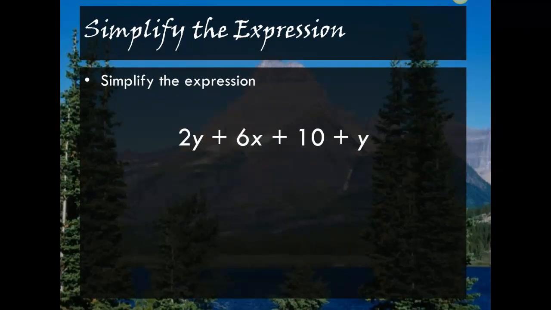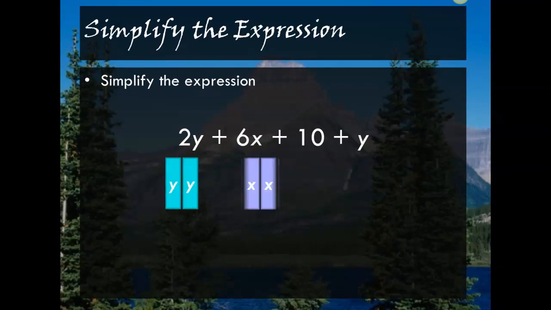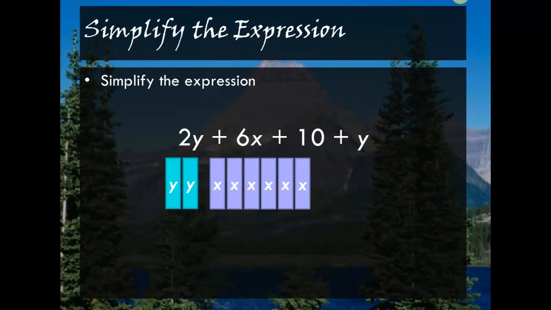Let's simplify 2y plus 6x plus 10 plus y. In this expression, we have two different variables, and we need to look for the like terms. This means we have 2y, we have 6x, we have a constant of 10, and we have 1y. The like terms in this expression are 2y and y. We can combine those two terms.